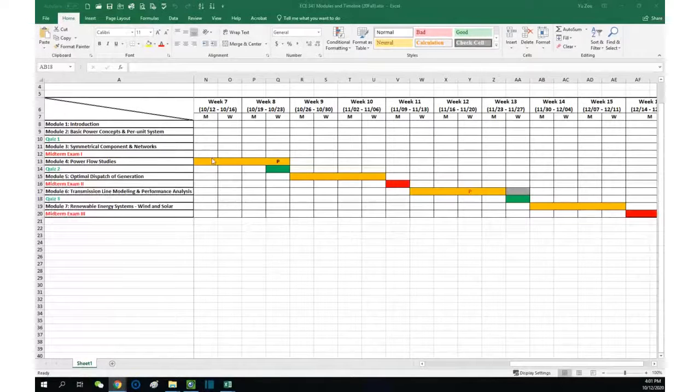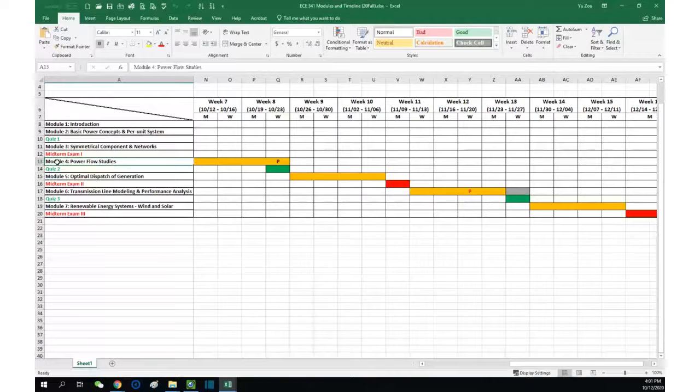So today we are here. The very first cell here, because I froze the first column and moved the Gantt chart a little bit. Week 7, believe it or not, is already week 7. Monday today, and the first lecture for our new module 4, power flow studies.